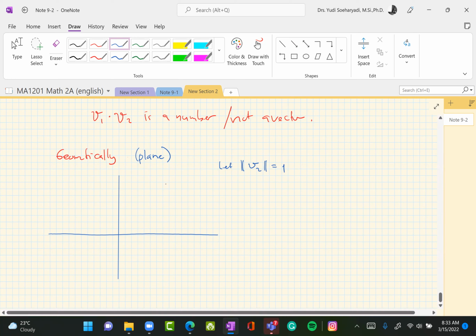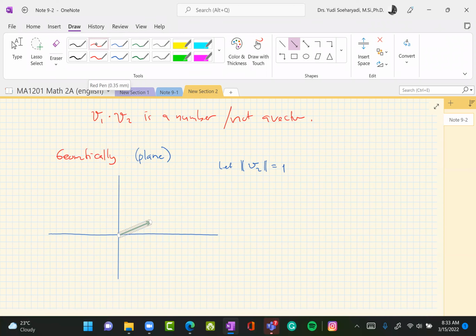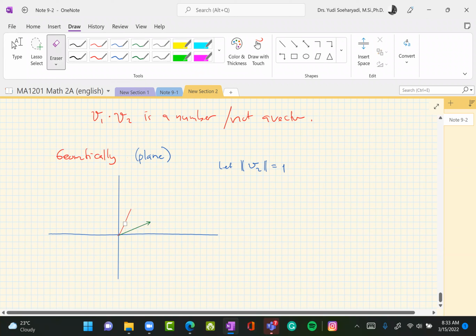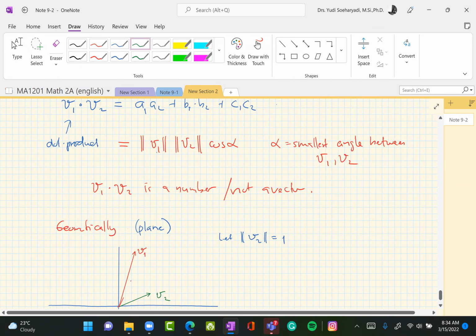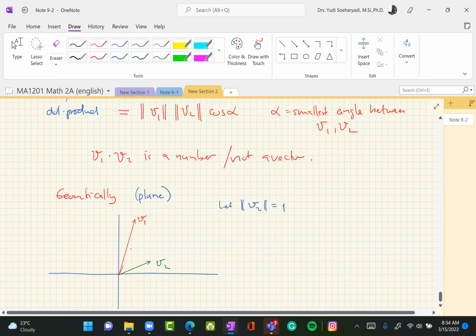We have this V2, and this is V1. So you see the length of V1, this is V1 cosine alpha, where alpha is this angle here.